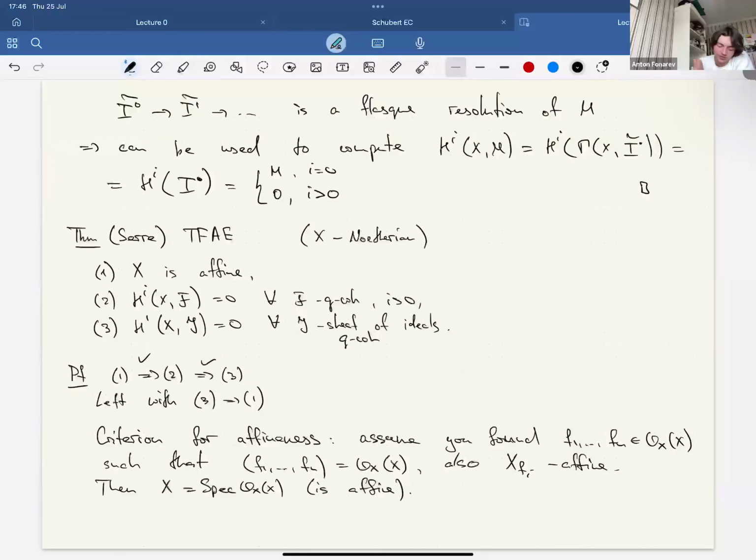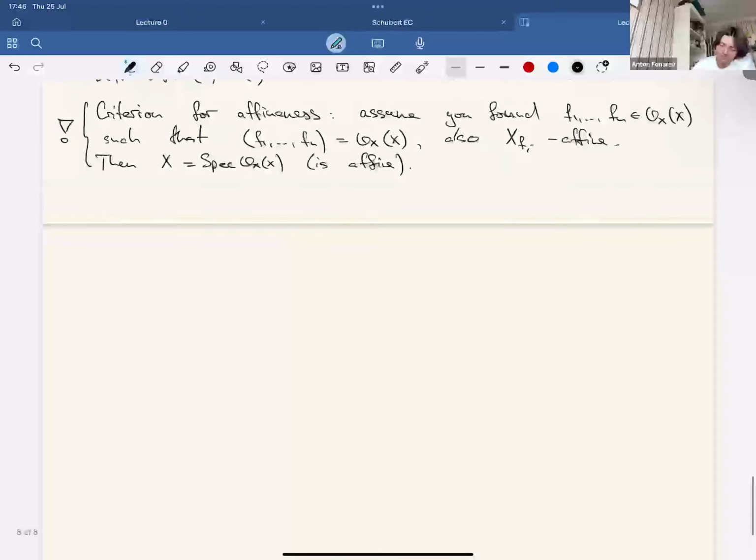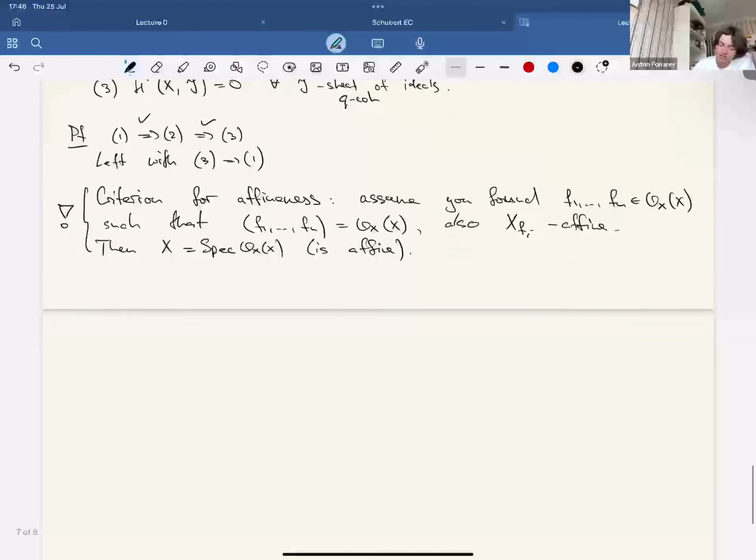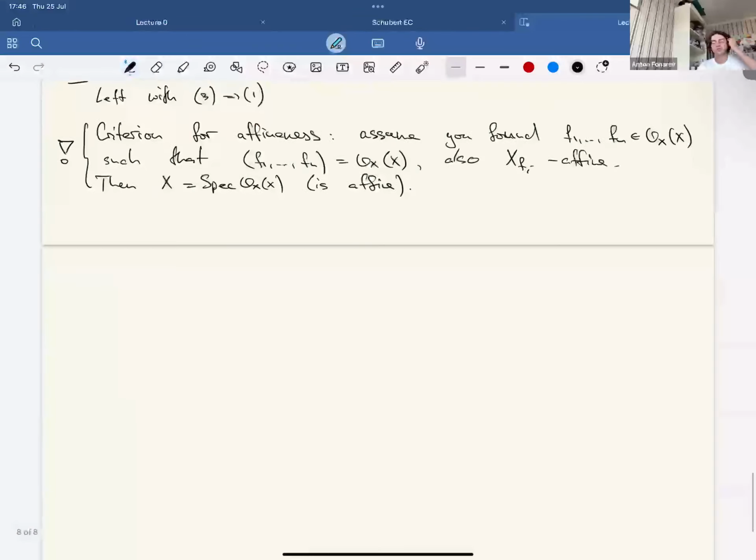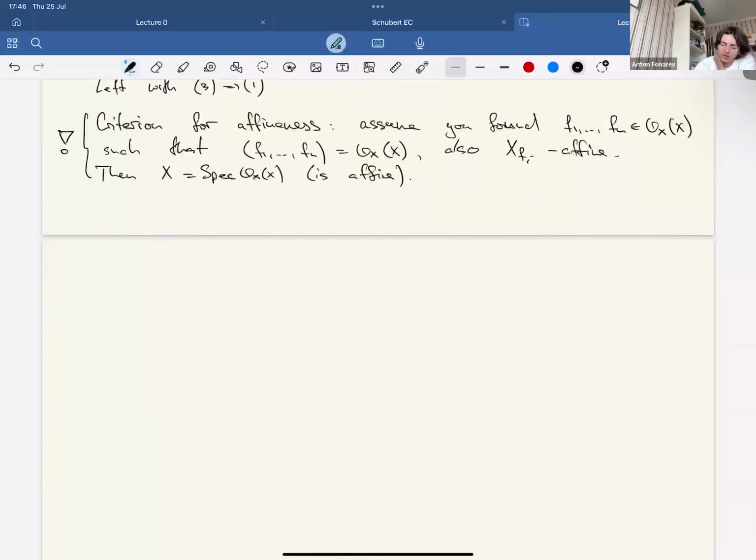It's a very important criterion. So now let's use it, using our cohomology thing. How do we proceed? We proceed as follows.